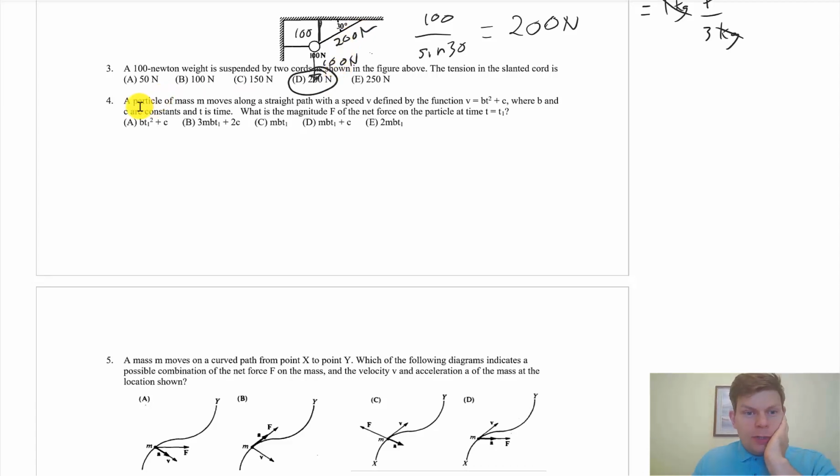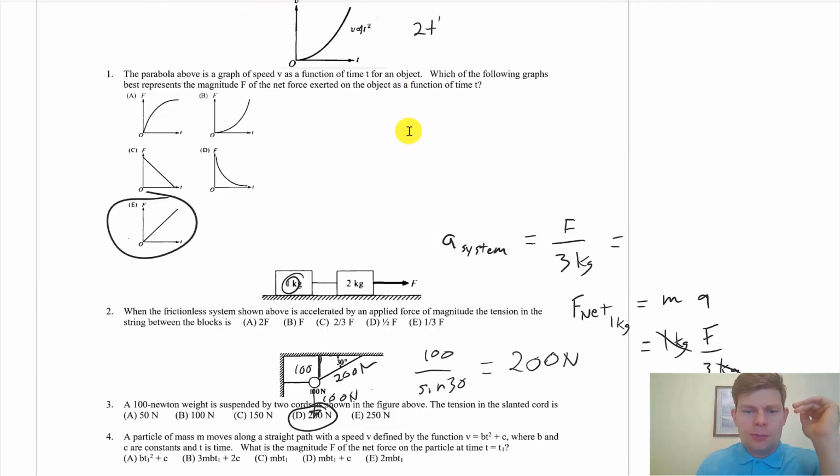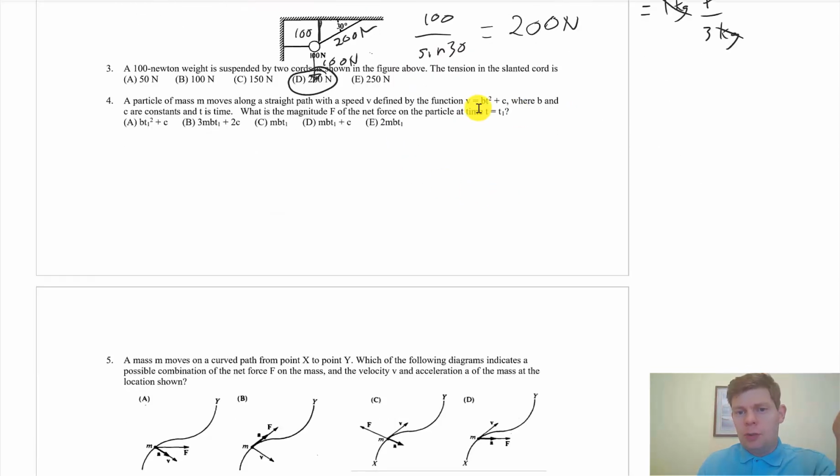Next one, number 4. We've got a particle of mass m moving along a straight path with speed v defined by the function v equals bt squared plus c, where b and c are constants and t is time. What is the magnitude F of the net force on the particle at time t equals t1? So very much like how I was talking about solving this sucker, we're going to take the derivative of velocity with respect to time, which is acceleration. So if we do dv/dt, we're taking the derivative of velocity with respect to time.